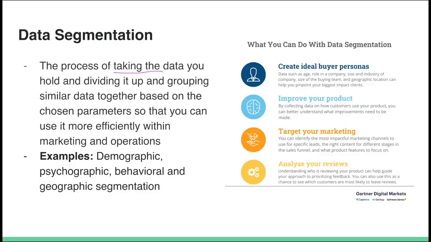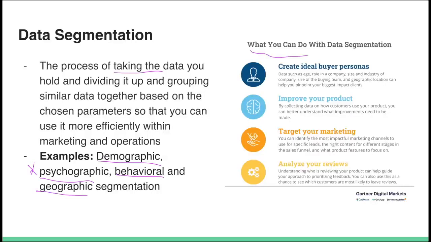For example, you might take the data on everyone who's bought stuff in your store and divide it by age to see what people from each age group are buying and which groups to target. We might segment our data by demography, the aspects of people, by psychography, I guess their psychology, by behavior, what they're doing, or by geography, where they're located. That one, I can't exactly remember what that is.